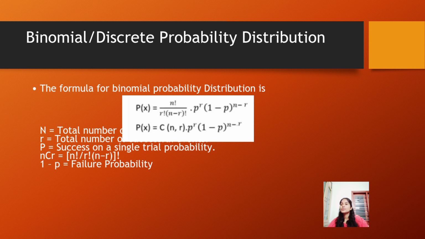So n is the total number of events, r is the total number of successful events, p is the success probability on a single trial, nCr = n! / (r!(n−r)!), and 1−p is the failure probability.